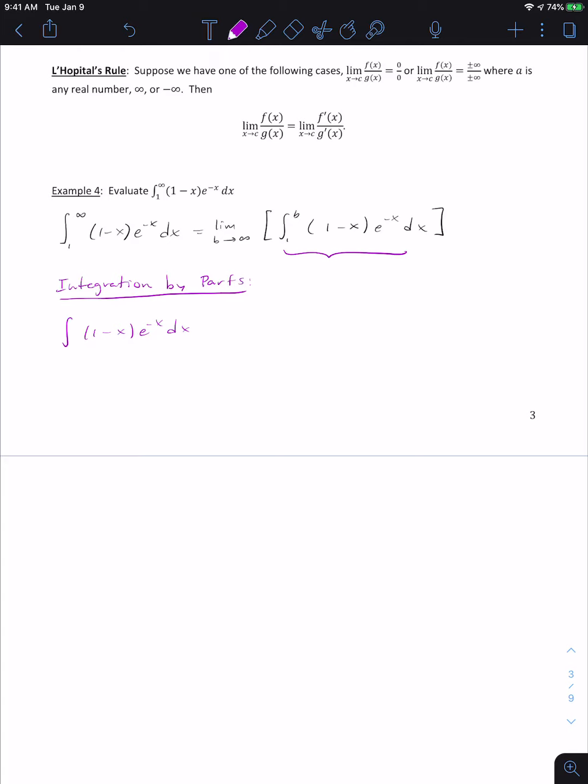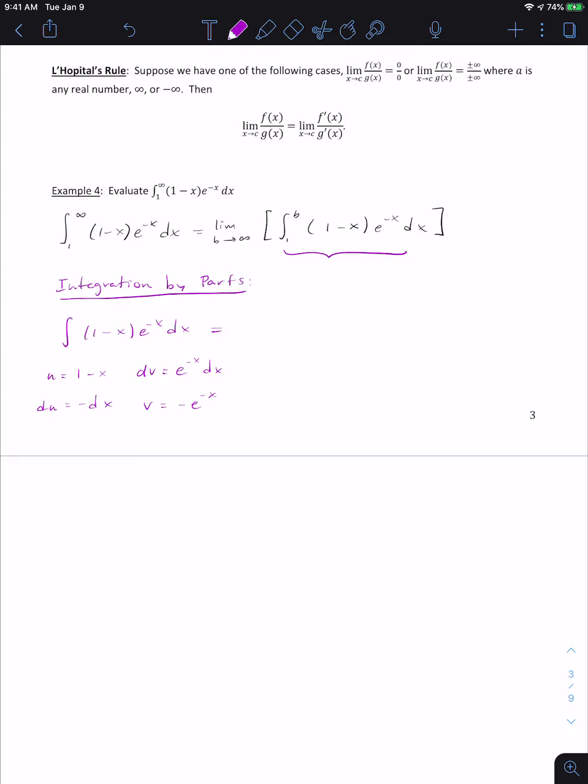So I need to pick my u and dv. So u is going to be 1 minus x. dv is going to be e to the negative x dx, right? So now I get du is equal to negative 1 dx, or in other words, negative dx, and v is equal to negative e to the negative x.